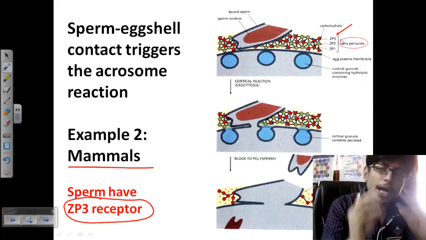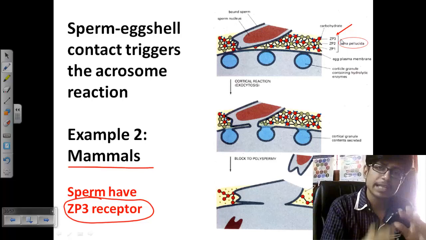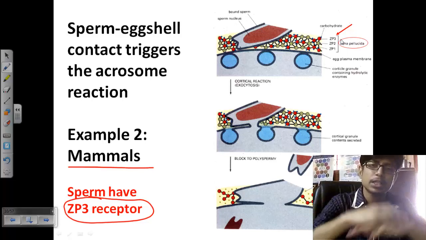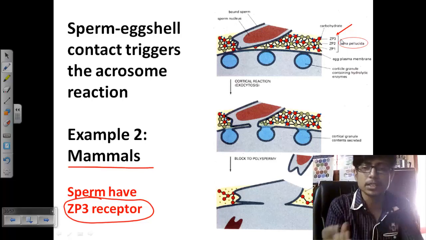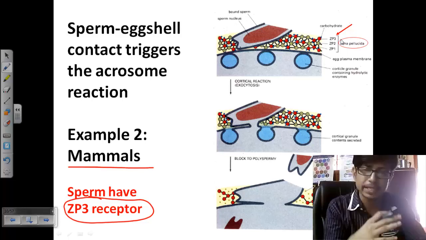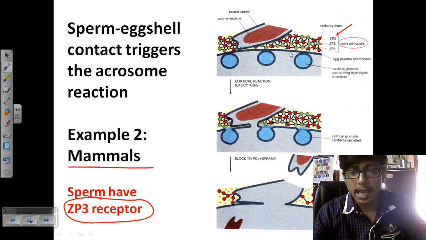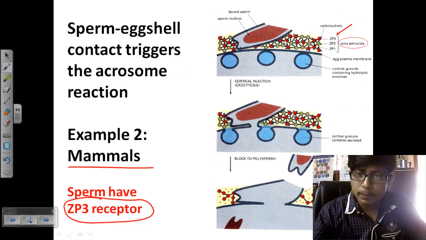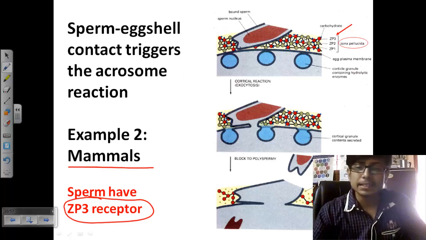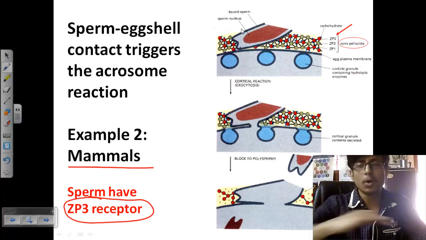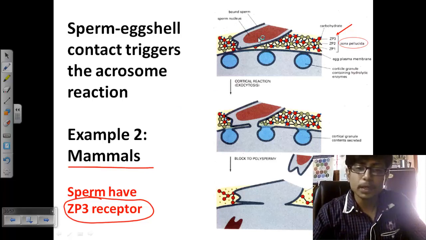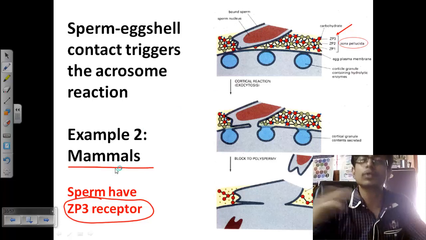These are carbohydrate molecules, glycan molecules, present on the surface of the egg cell in mammals. ZP3, ZP2, ZP1 interact with themselves to form chain-like structures. For the binding, ZP3 is usually present on the outer side. So the sperm contains the ZP3 receptor on its surface.